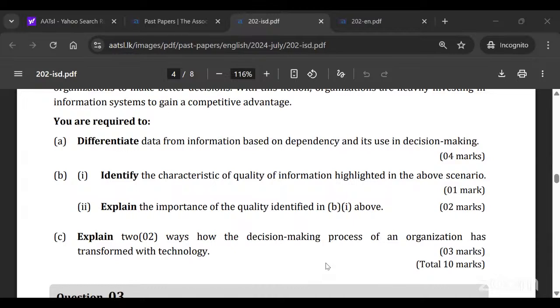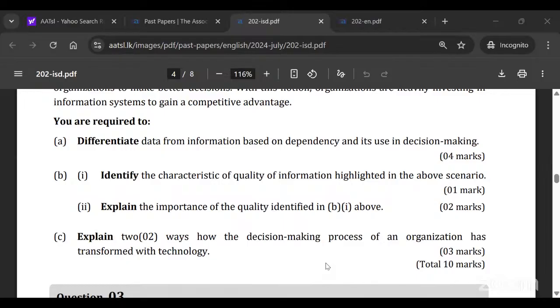Another way is automation of the decision process. With the advent of artificial intelligence, AI, and machine learning, decision-making processes have become more automated. Algorithms can analyze data and suggest or even make decisions without human intervention, particularly in repetitive or operational decision-making tasks.